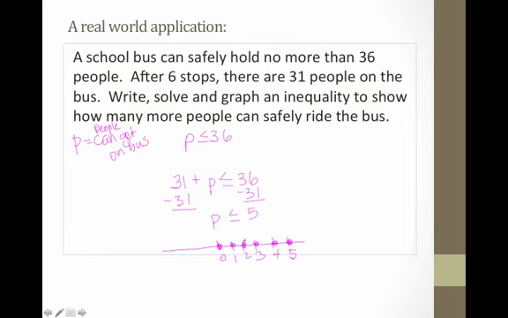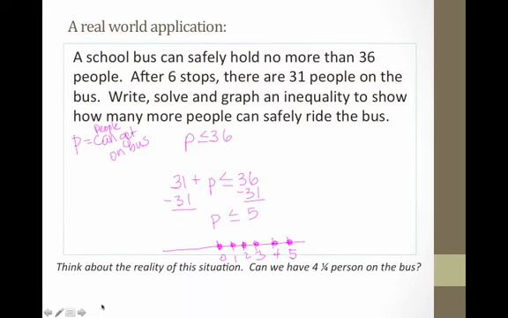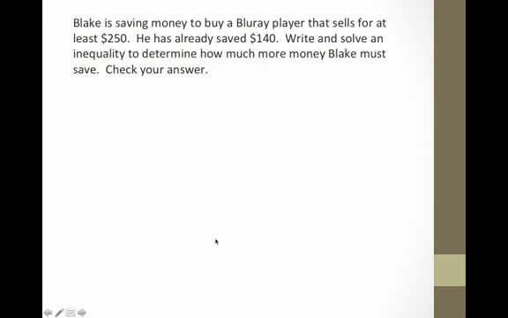But notice I am not connecting those dots on my number line because I'm not aware of having 4.5 people. So if you can figure that out, you let me know. Otherwise, we're just going to have circles filled in at the whole numbers. Okay, so that was my think about the reality of the situation. Sorry, spoiled that for you.